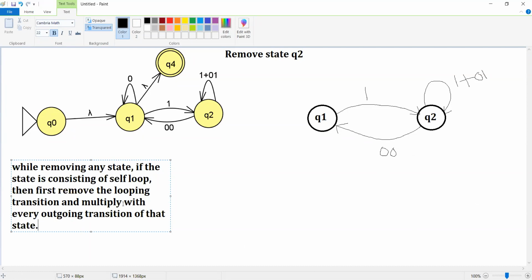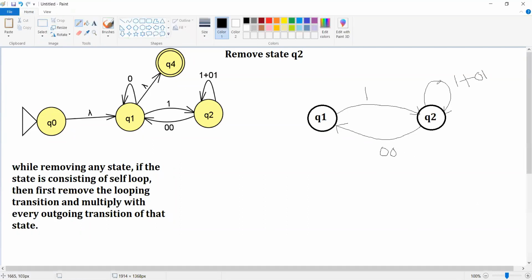Please try to understand. Maybe the theoretical part you are not able to understand, but have a look at this example. For my Q2 state there is a self loop available, or what I can say, a transition to the same state is available. The corresponding strings which take me to the same state are 1 or 01.